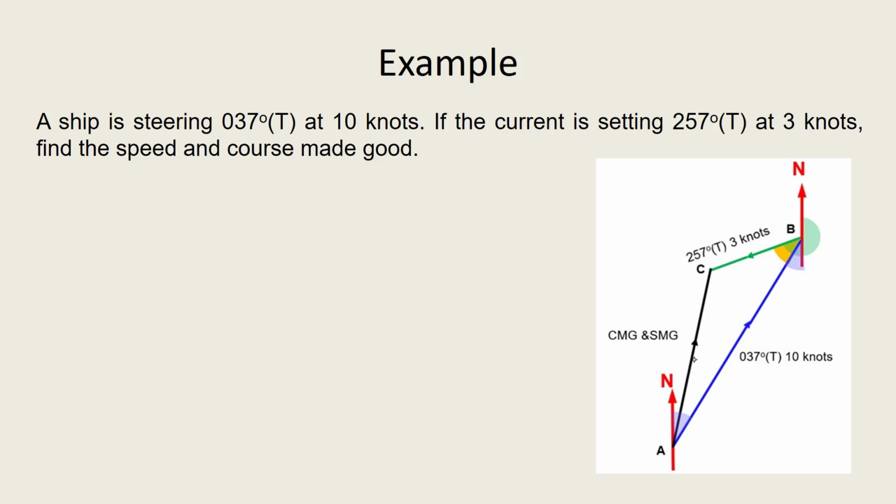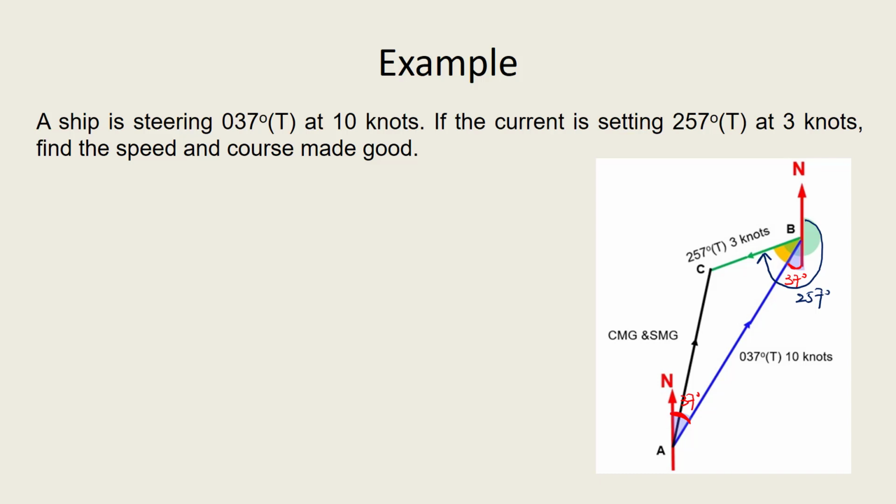The question tells you this angle is 37 degrees. If you look at this north direction and this north direction, they are parallel with each other. So this is 37, and this angle, as its alternate angle, should also be equal to 37 degrees. The question also tells you that this big angle here is 257 degrees.